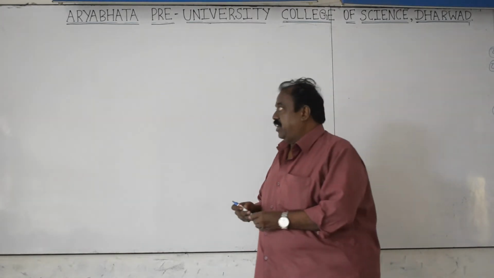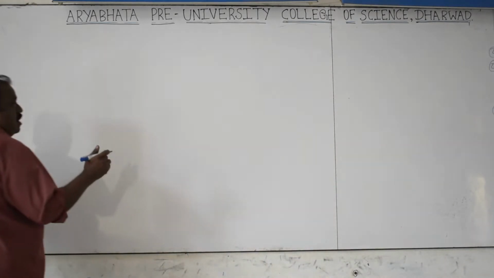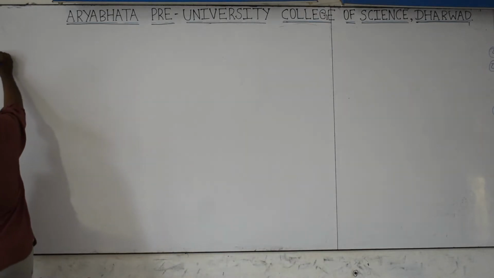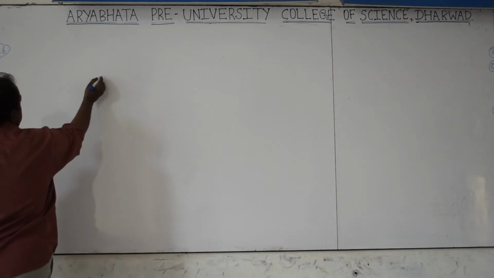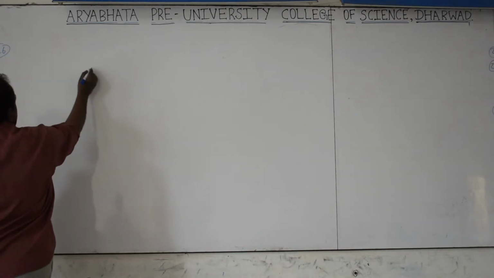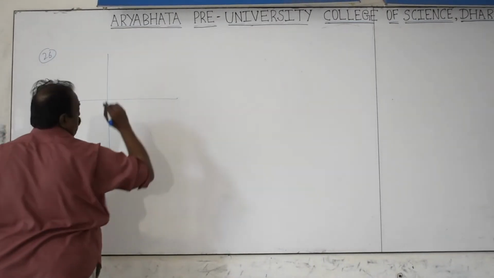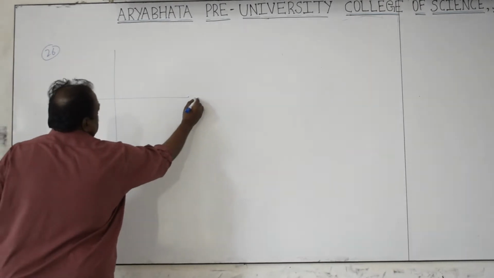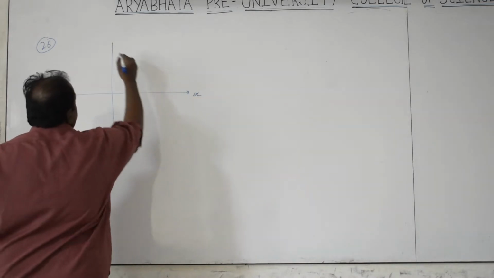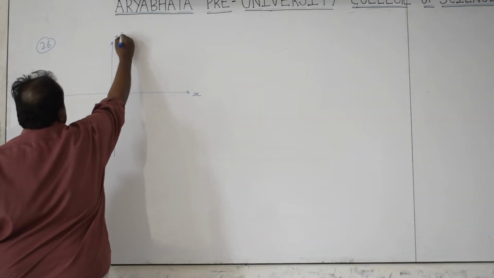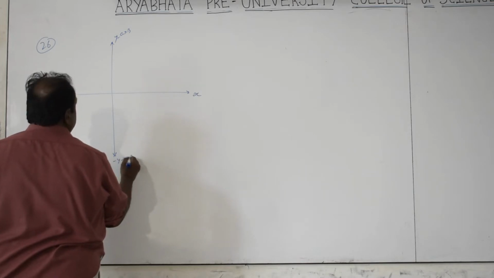I want to explain this second. Observe here, it is the 26th question, in the xy plane. You observe the board. It is the x-axis, minus x-axis, y-axis, minus y-axis.